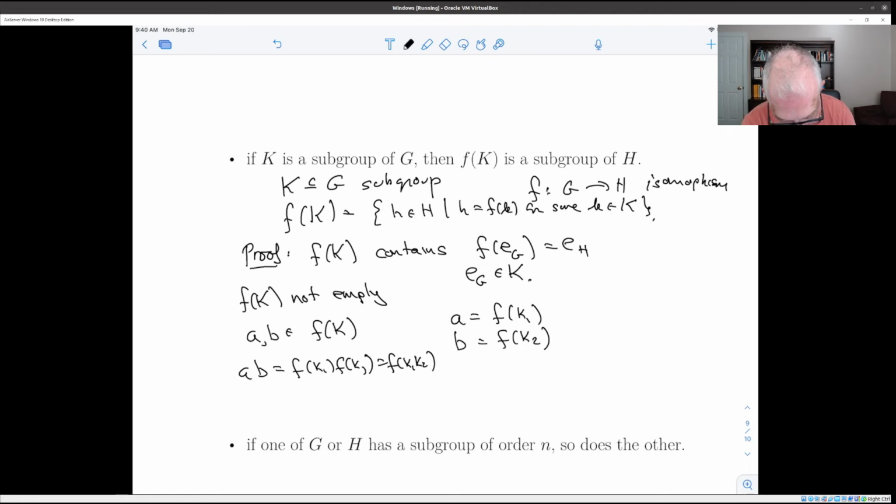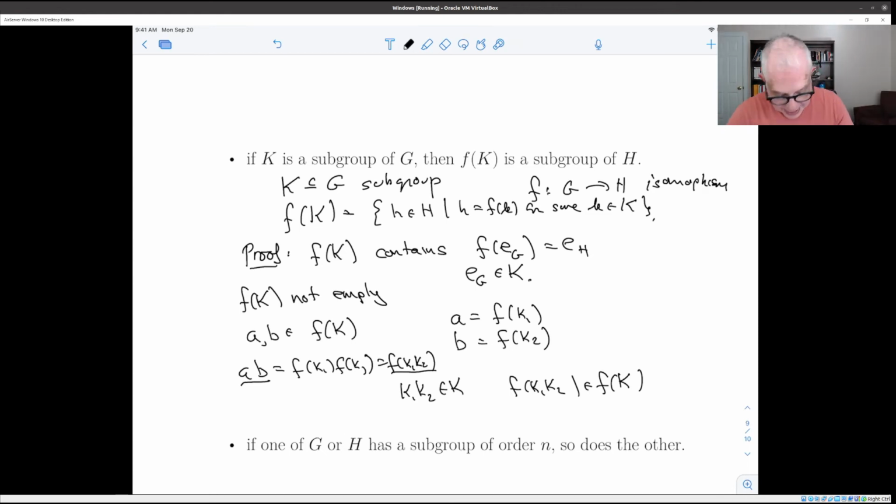Since k1 k2 is in K, F of k1 k2 is in F of K, and that shows that it's closed: the product of two elements in F of K is again in F of K.